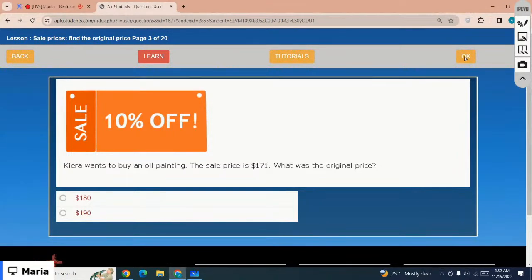Okay, Kira wants to buy an oil painting. The sale price is $171.